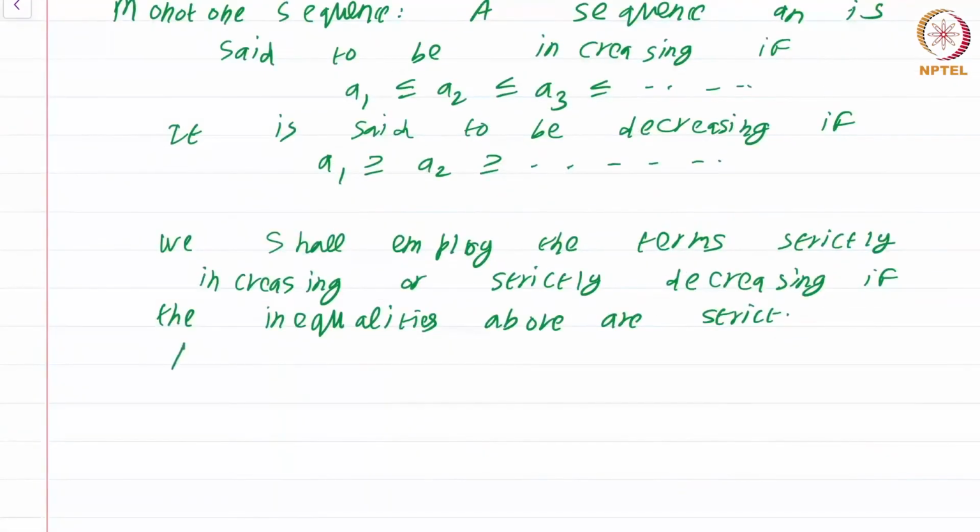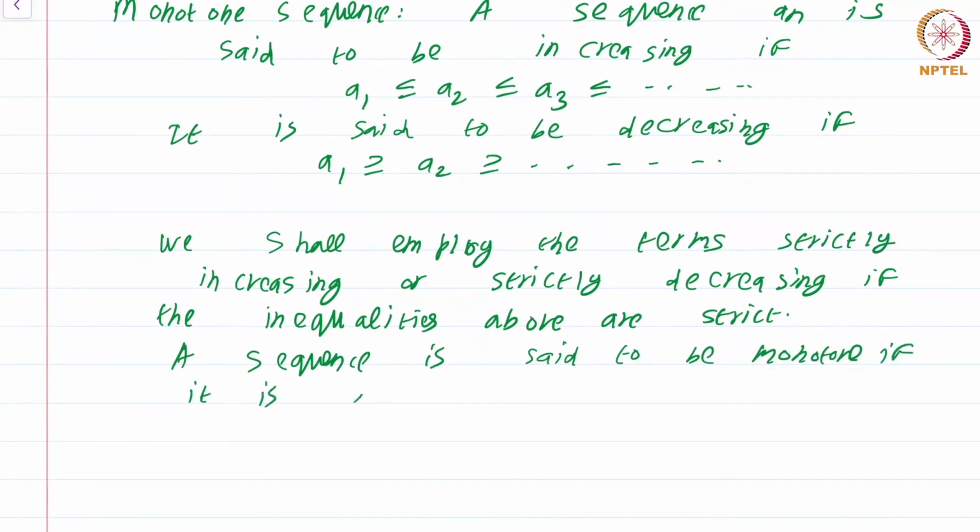A sequence is said to be monotone if it is either increasing or decreasing. Of course, we shall also sometimes employ the term strictly monotone to suggest that the terms in the sequence are strictly greater. I mean, A1 is strictly less than A2, strictly less than A3, and so on.